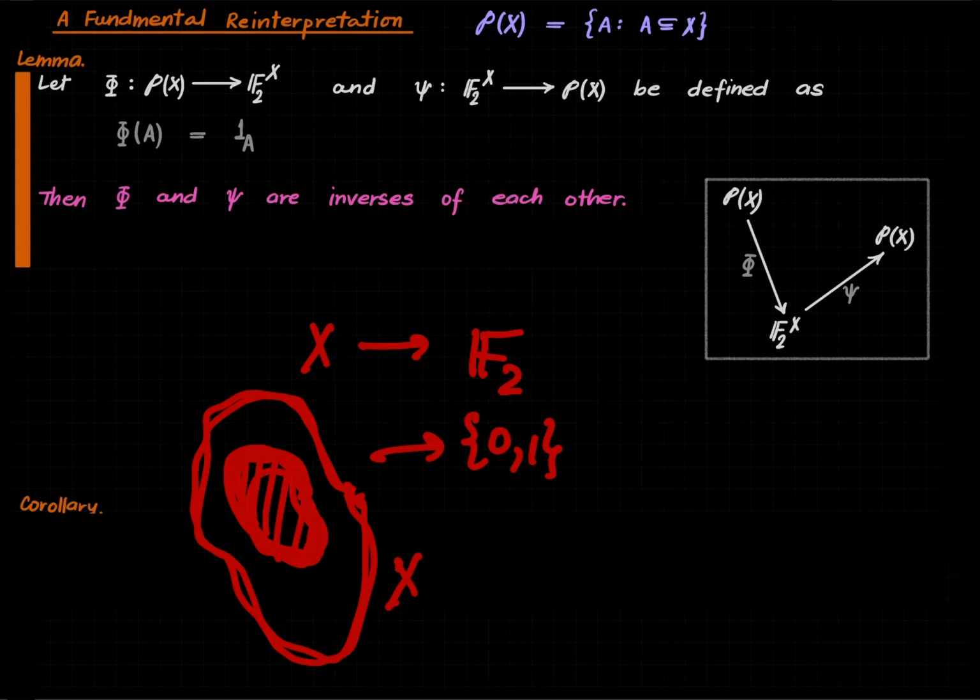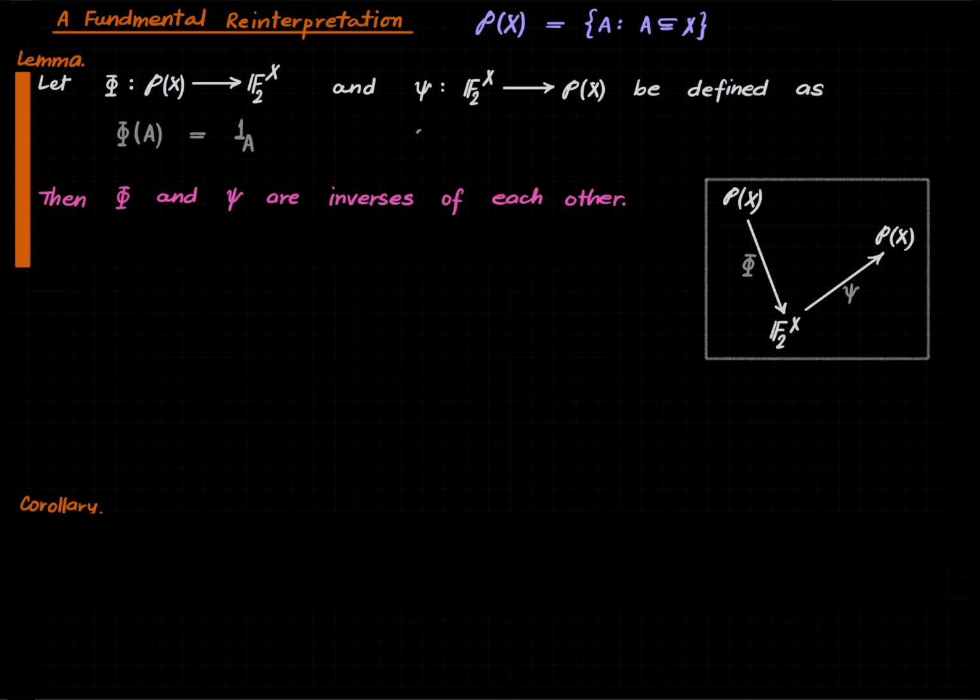But what is this part? It is just the pre-image of 1, right? Because this is precisely those things which map to 1. So psi is nothing but, we define psi of a function f as just the pre-image of 1 under that function. To be very clear, this is all the things in X which map to 1 under f. But again, you have to remember this 1 refers to the 1 of this guy. It's not your usual integer 1 or anything.